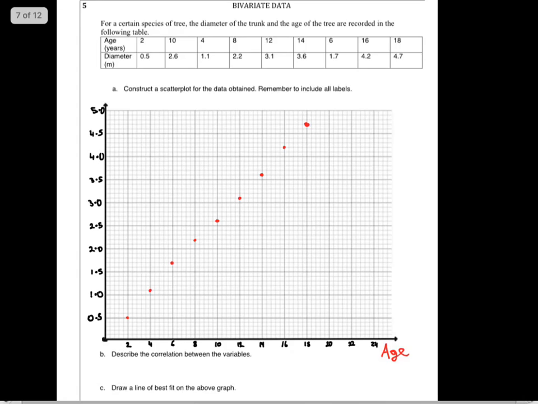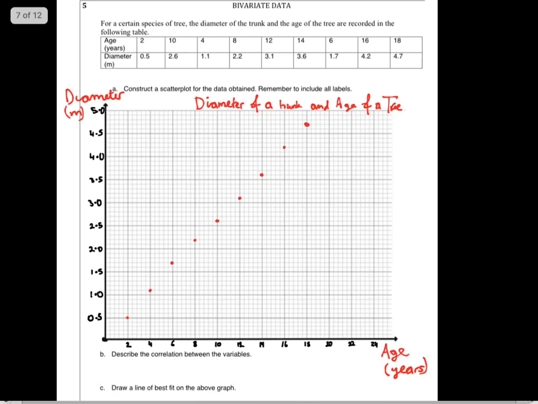Okay, now the next question asks to describe the correlation between the variables. So my two variables are age in years and diameter in meters, and that's the scatter plot of the diameter of a tree and the age of the tree.